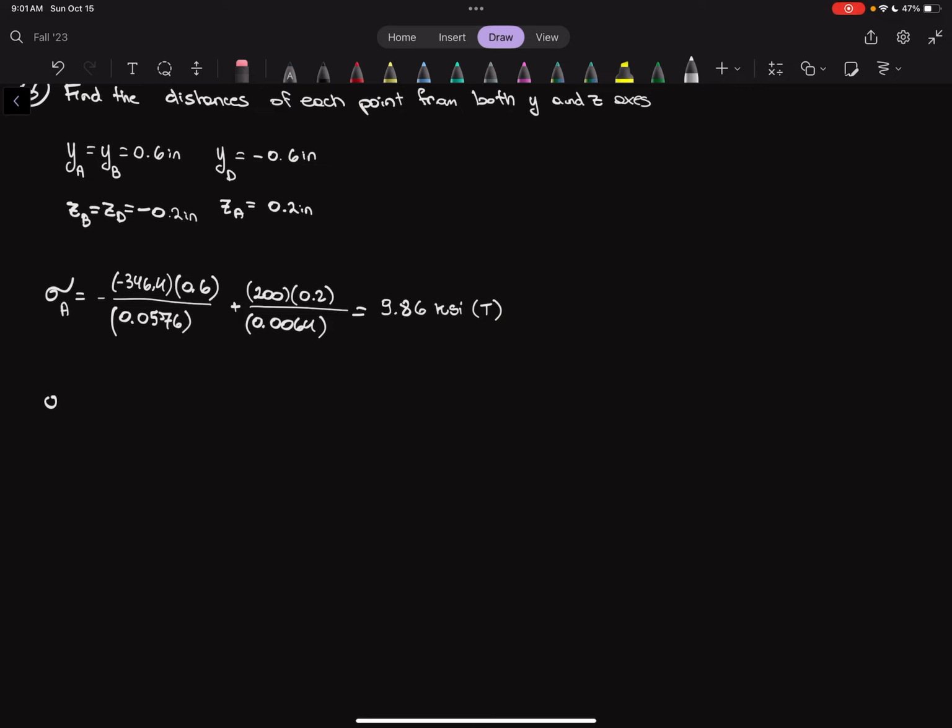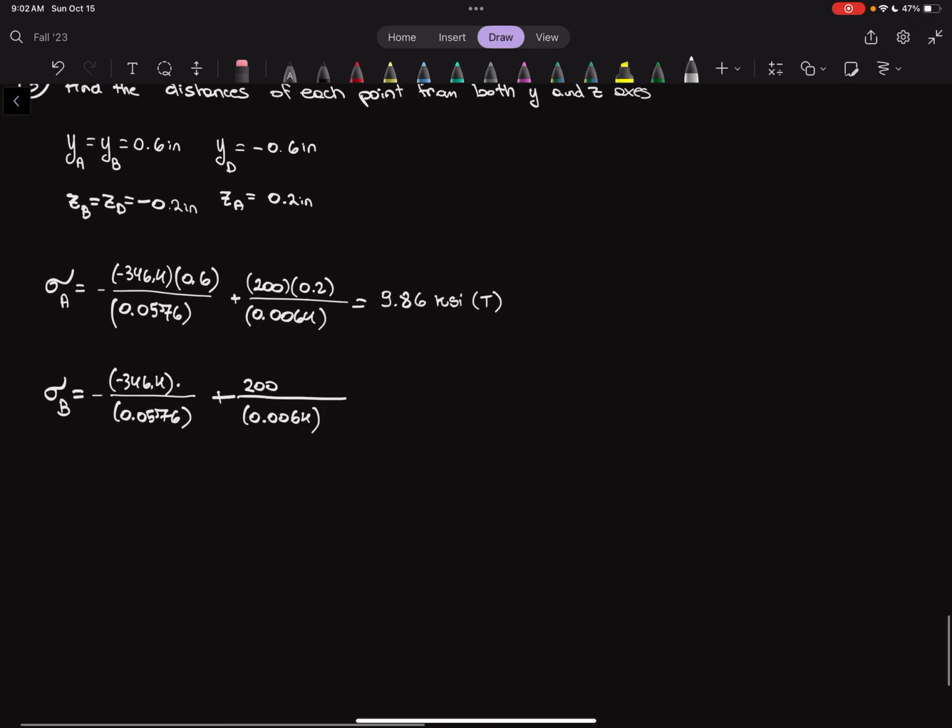We do the same thing for B, but let's see what we're going to have. These are not going to change, right? The only thing that's going to change is the position of B. So what is the position of B in the y direction? It's 0.6, and in the z direction it's minus 0.2.